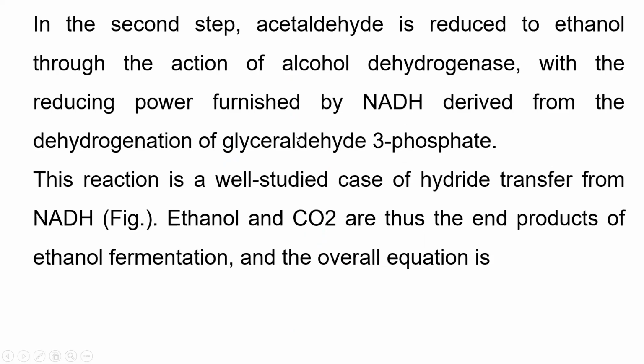Okay. So in the second step, acetaldehyde is reduced to ethanol through the action of alcohol dehydrogenase, with the reducing power furnished by NADH derived from dehydrogenation of glyceraldehyde 3-phosphate.